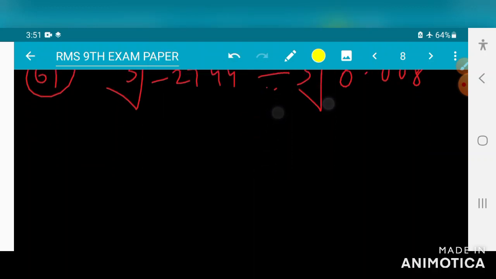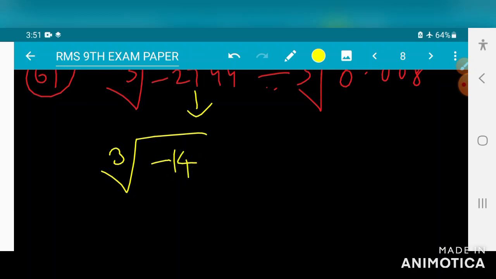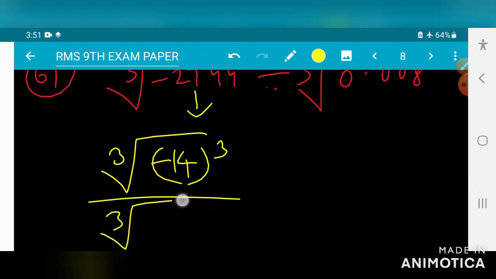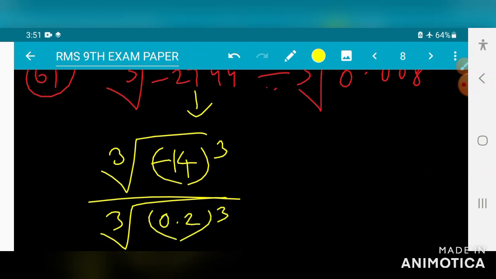Cube root of 2744 is 14. So cube root of minus 14 whole cube divided by cube root of 0.008, which means 0.2 whole cube. Understood?